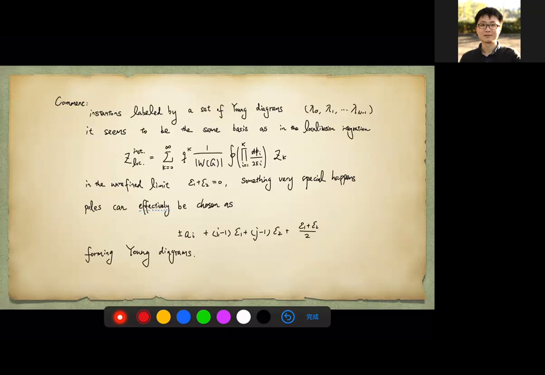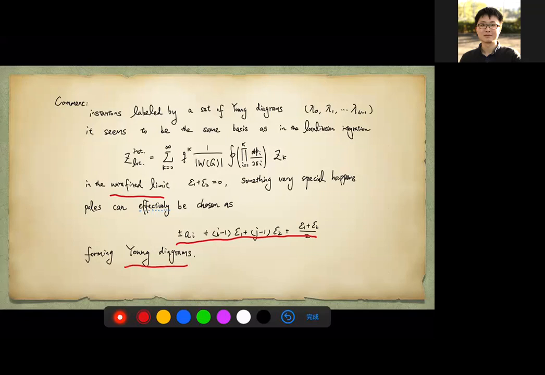One comment here is that, for example, in the calculation of the localization integral, if we consider the unrefined limit, it seems that we can effectively choose the JK poles in this way, and they form a Young diagram shape.